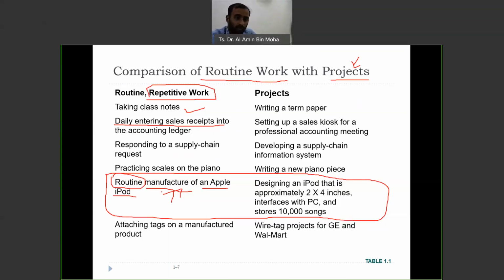If you want to see the project level here, it is designing a new iPod. You're not going to design every day. You design once, it's approved, then you start the manufacturing, the production. I believe you understand the example given here.